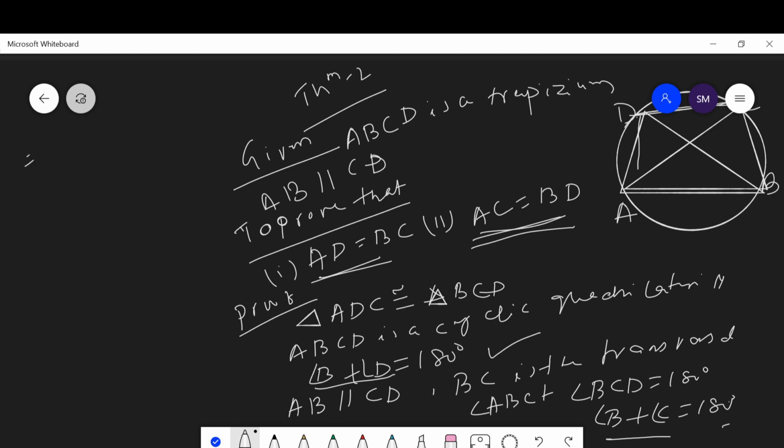This shows that angle C is equal to angle D.